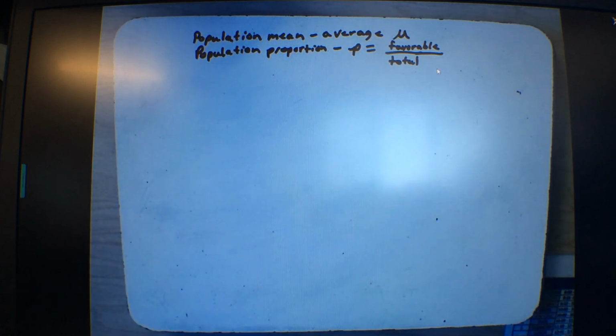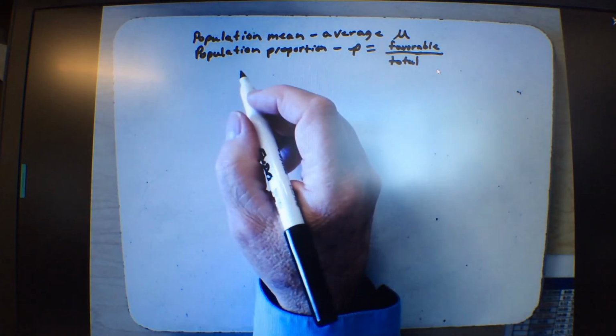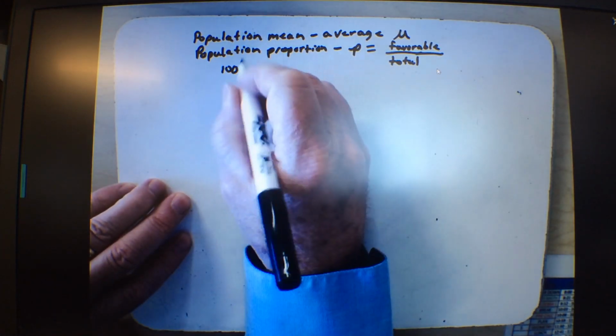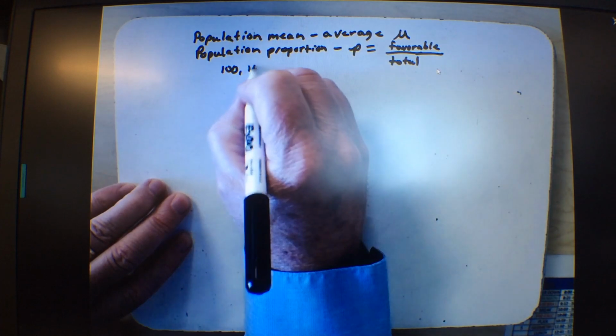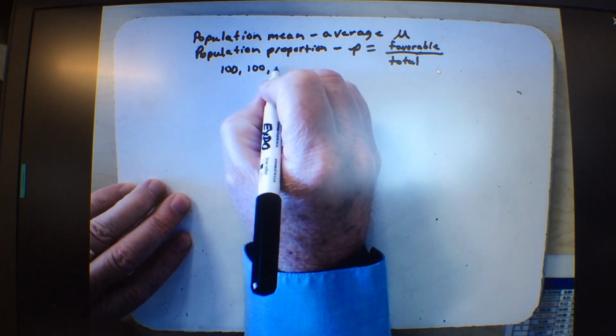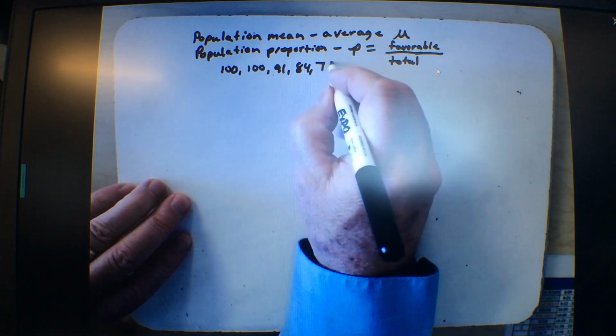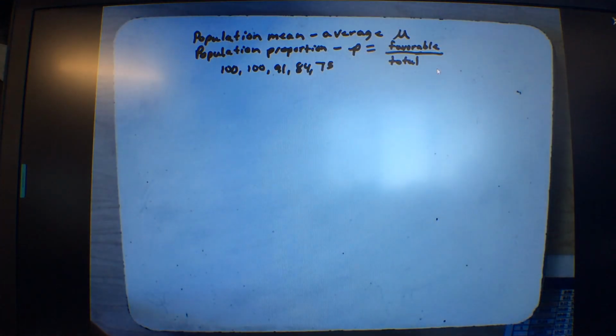Okay, let's take an example. The example's on page 545. We have 5 students that are taking a test or a quiz, and here are the scores: 100, 100, 91, 84, and 75. Now we use a small data set to show how to do these, but we'll get to larger data.